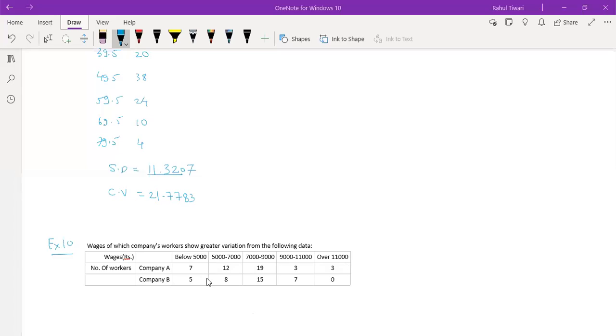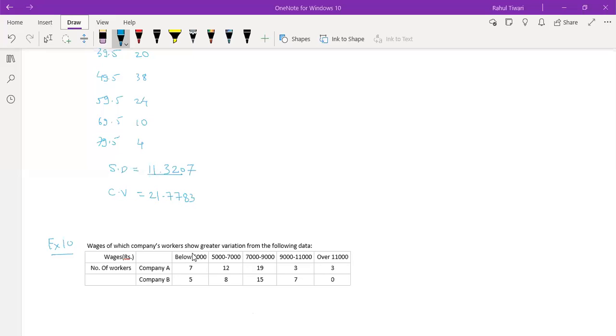Are you getting the problem? Whenever such a problem is asked and you are asked to obtain the mean, you can form a class according to the previous class interval. So it is going to be 3000 to 5000 and 11,000 to 13,000, and based on that you compute the coefficient of variation for this data.